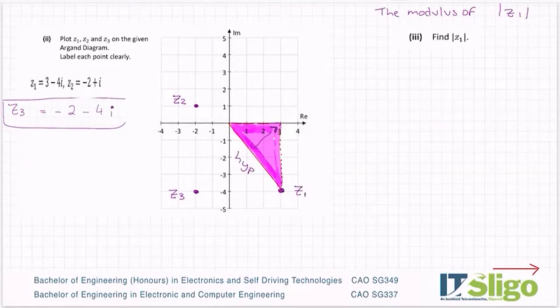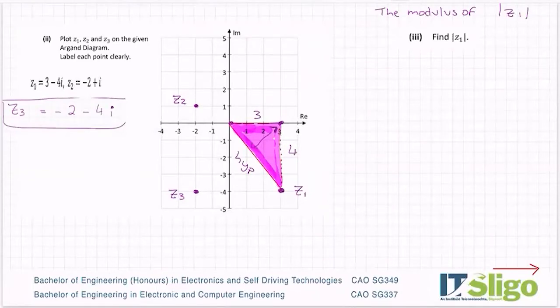Now what length is this side here on the x-axis? Well, remember Z1 came across 3, so it's a length of 3. What length is this side here? Well, remember we came down 4. So it's a length of 4. We don't put in the minus, as it's direction. It's just a length of 4.